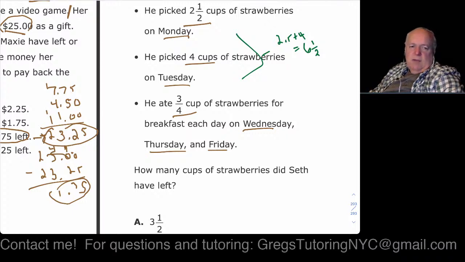So if he ate 3/4 a cup on the Wednesday, Thursday, and Friday, and let's switch that back to red, it basically means for this bullet, he did 3 times 3/4. Right? He did 3/4 plus 3/4 plus 3/4. And that's going to be equal to 9/4, which is 2 1/4.